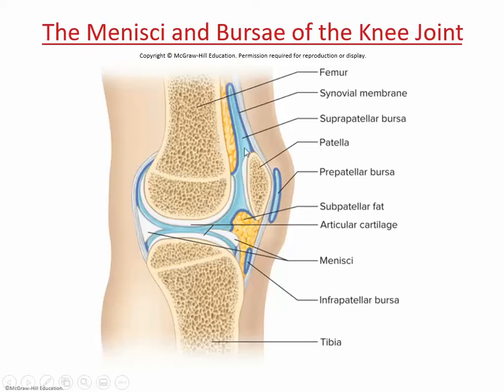The suprapatellar bursa is a continuation of the synovial space. All of these things are for cushioning. Now, the bursa, you can see, is a synovial membrane bag filled with synovial fluid. It's really no different than this synovial membrane that's in the joint.